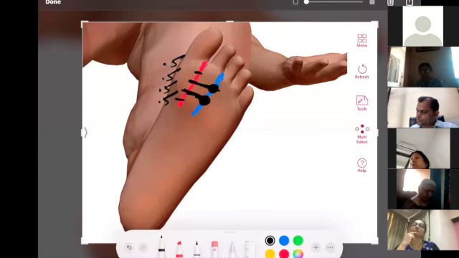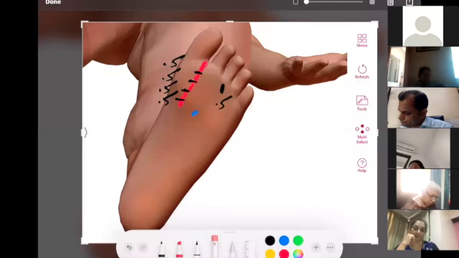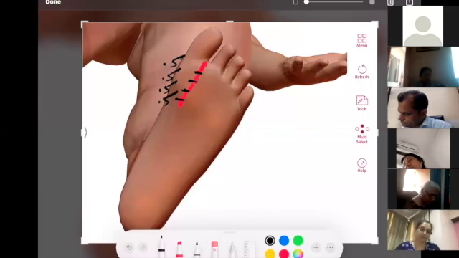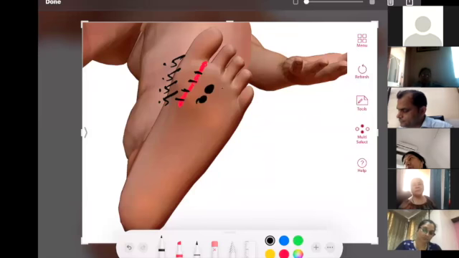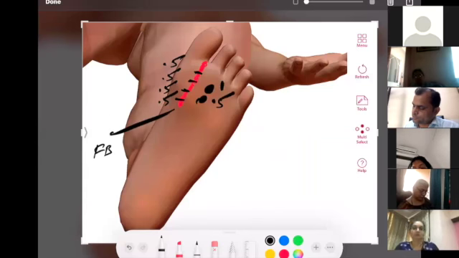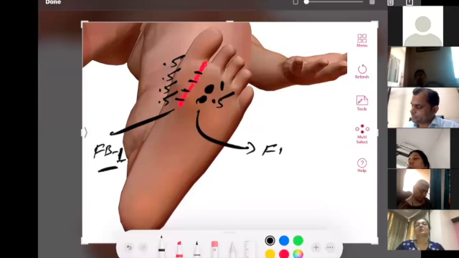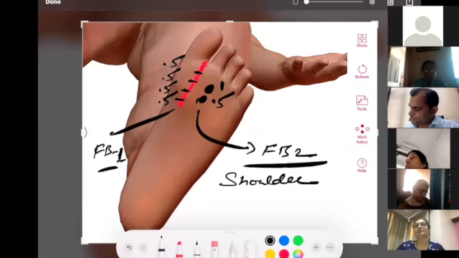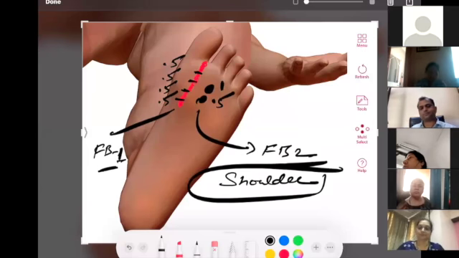So the first point will be at 1 chun distance and the second at 0.5 chun. The first one is called flower bone 1, and these 2 points together are called flower bone 2, which is very excellent for shoulder pain or frozen shoulder or any problem of the shoulder.